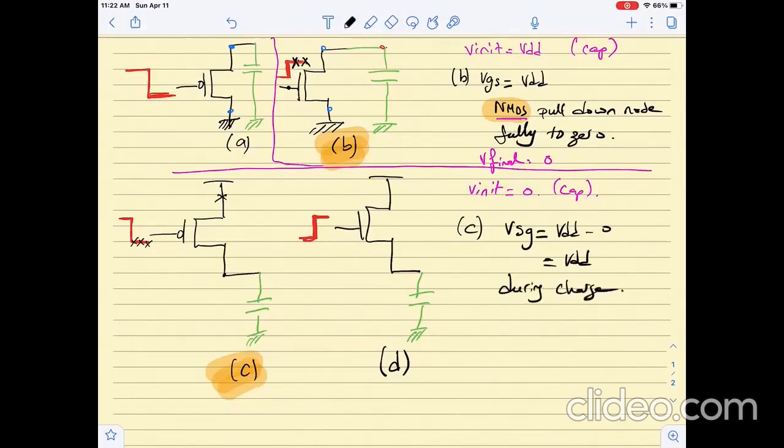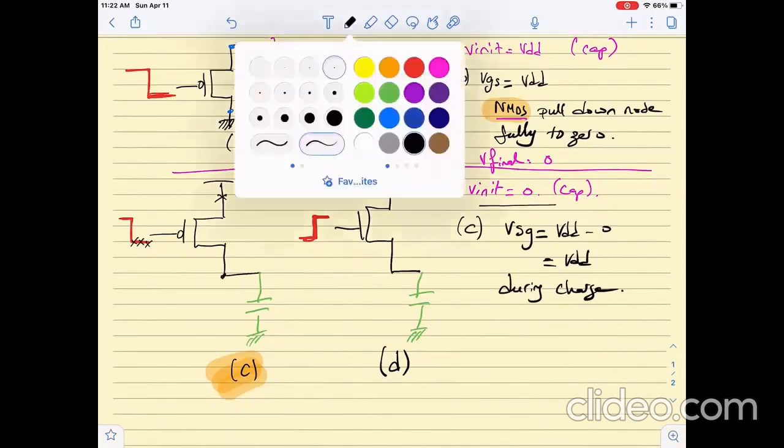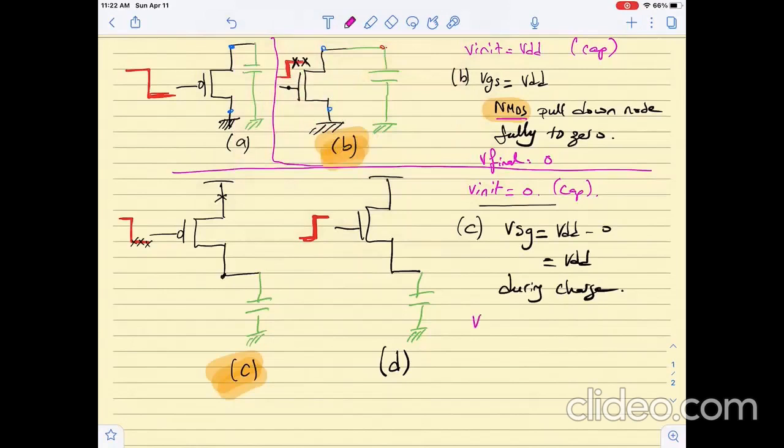Therefore, since VSG is equal to VDD, it can pull up the output, so we will have V init equal to 0 and V final equal to VDD for the PMOS. So this is for the NMOS case B, and this is for the PMOS case C.